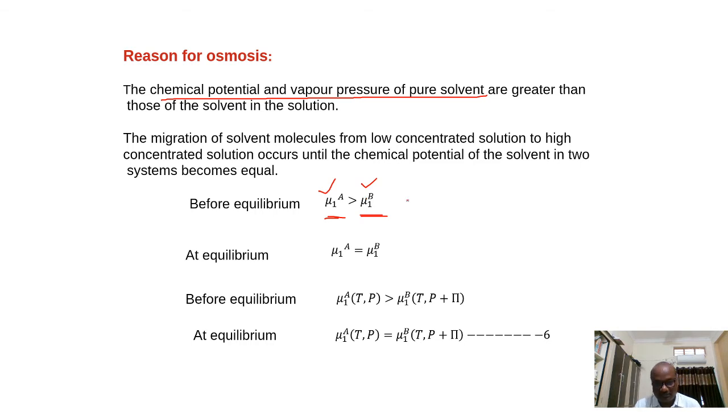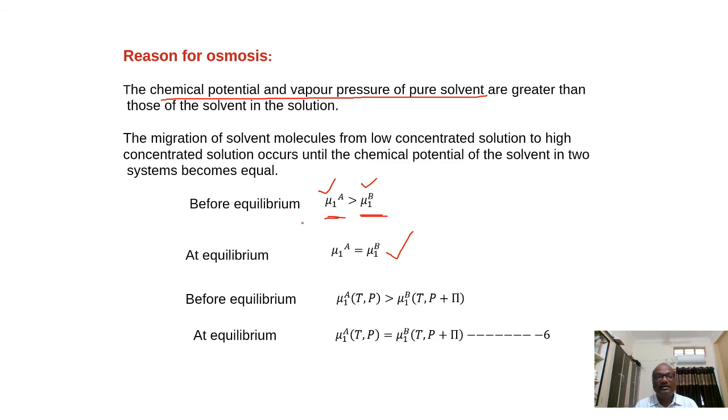So this process will take place until equilibrium is established. Means when the chemical potentials of A and B states become equal, then only the movement of solvent will stop. So at equilibrium, what happened? The chemical potentials become equal. At equilibrium, chemical potential becomes equal.